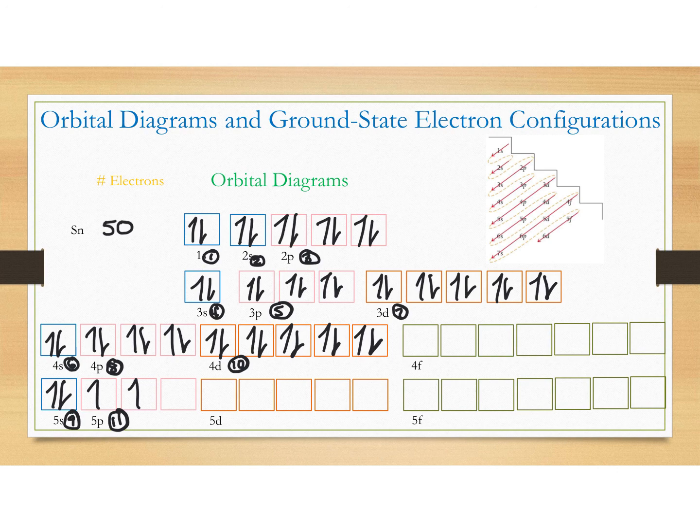Now, if I was to ask you for the electron configuration, that would be 1s2, 2s2, 2p6, 3s2, 3p6, 4s2, 3d10, 4p6, 5s2, 4d10, 5p to the second. Again, if I add all those up, I should come up to 50.